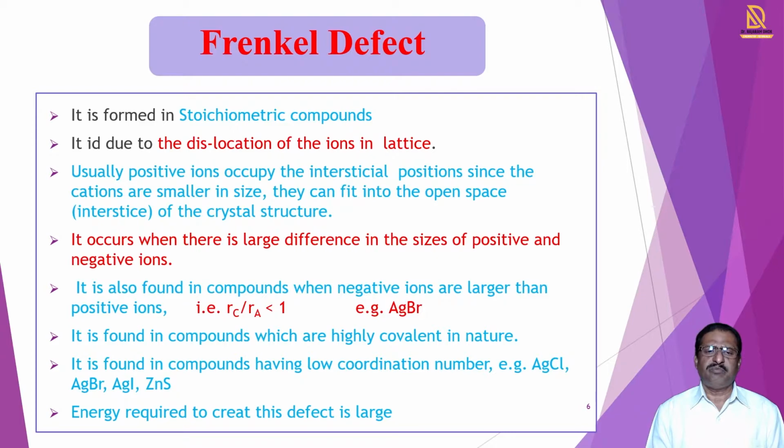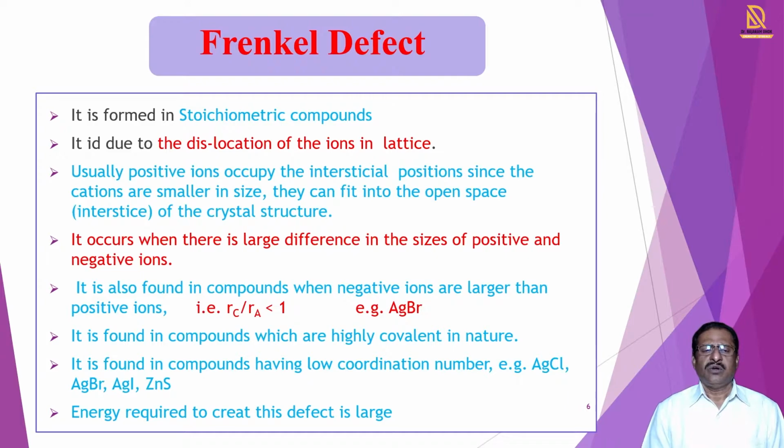The second defect is the Frenkel defect. This Frenkel defect is also observed in stoichiometric compounds and this defect is due to the dislocation of ions in the lattice.